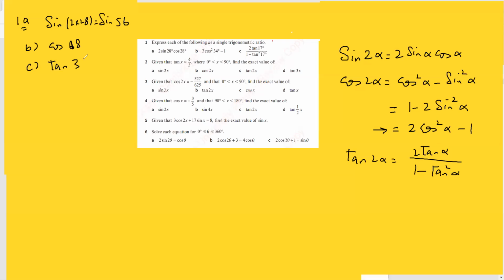Have you noticed that this trigonometry is so interesting that, for example, if you have the value of sine 30, then you can write the values of sine 150, sine 210.